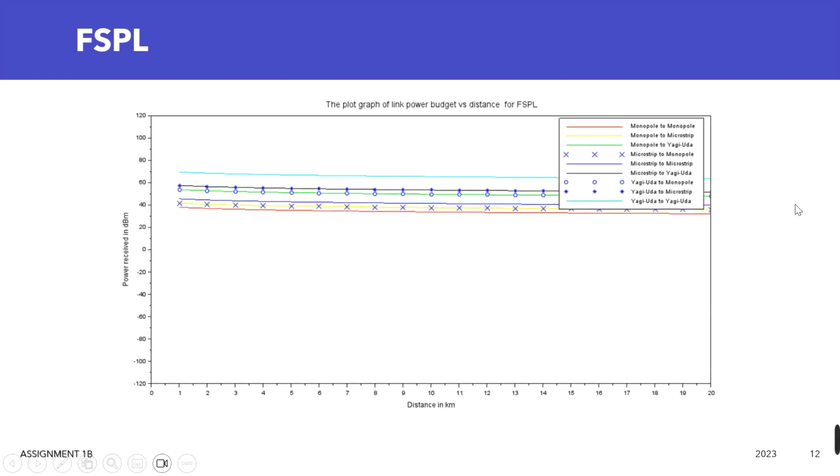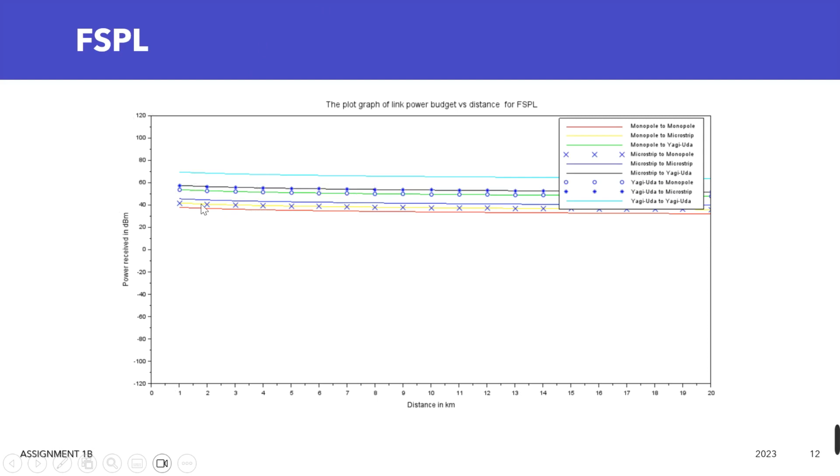The next one is free space path loss, FSPL. As we can see here, this graph actually decreases, but because its scale for power received is high, we can't really see the decrease, but it does decrease a little bit.